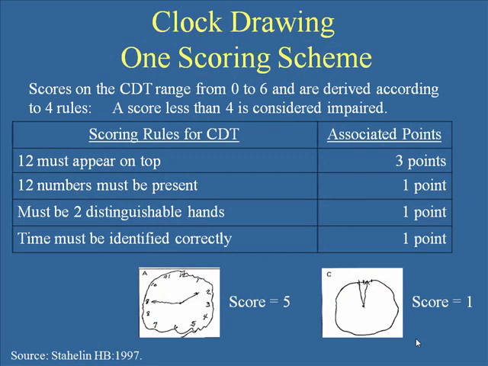Now, one of the problems that I have with the clock draw is there are a variety of ways to score the clock draw. And I think that because of the variety of techniques that can be used to score the clock draw, it does become a little bit difficult to communicate to other people the severity of the abnormality.